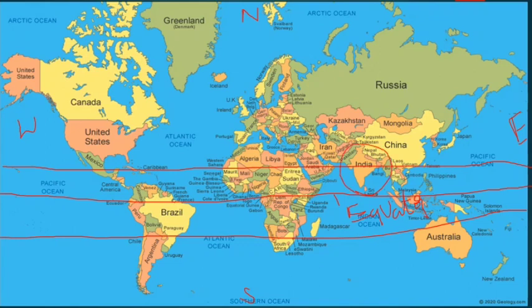Okay, so to make it more precise, if you see the eastern hemisphere and the western hemisphere, I am drawing a line here which divides like this. So this part is the eastern hemisphere and this is the western hemisphere.